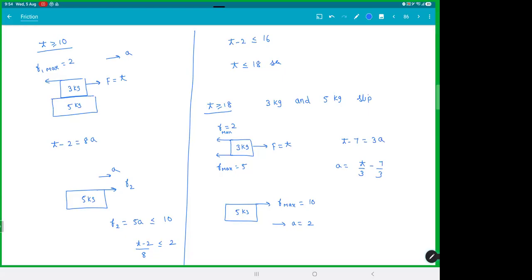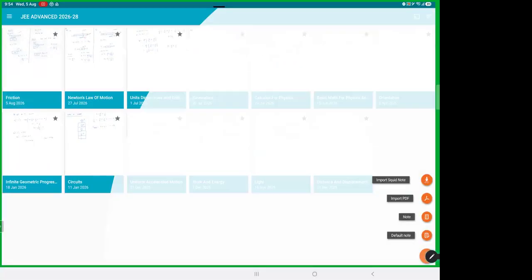If you see the friction chapter, it had a lot of, literally, NLM. The only thing is finding the direction of friction and the magnitude. It is not over, like I said. Whatever you learned in NLM and friction will come in circular motion. These things will always keep piling up one after another. So the next chapter is circular motion.